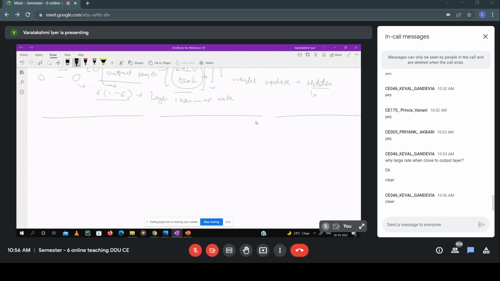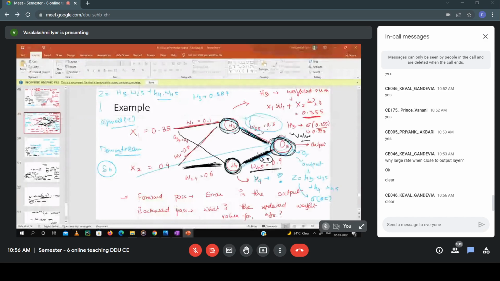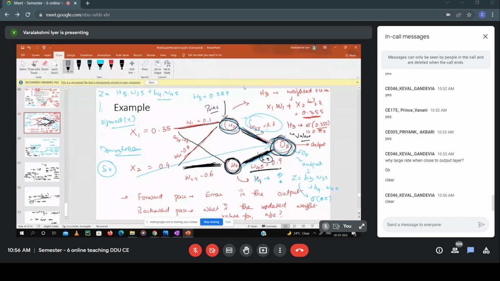Also, I would like to point out that in the multilayer perceptron diagram that we have here, there is a possibility of adding a bias term. You have to identify that you may add a bias term here, as well as a bias term here, as well as some bias term over here, right?